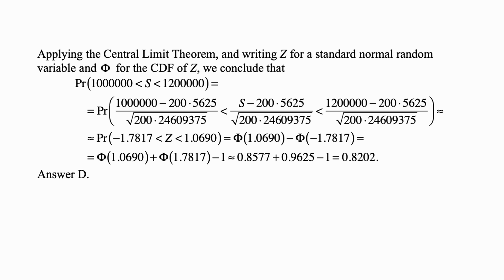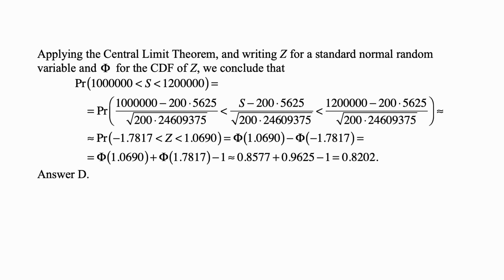Since they're independent, the variances are added, so the total variance is 200 times the individual variance, and the square root of that is the standard deviation. That is less than S minus that mean, 200 times 5,625, over the square root of 200 times 24,609,375, and less than, now we subtract the same mean and divide by the standard deviation, but for 1,200,000.